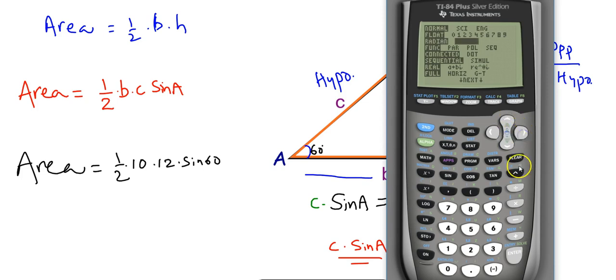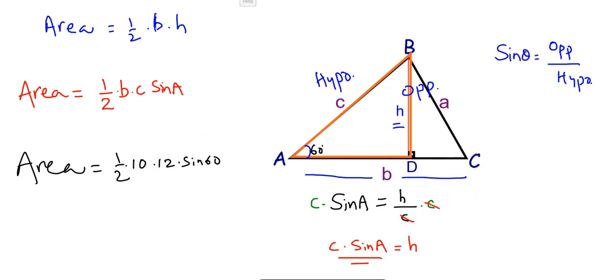Let me go to the degrees mode. Alright, now hit enter. So that is your area, 51.96. That's the area of the triangle, 51.96 square units. Since it is the area of the triangle, I have to write square units.